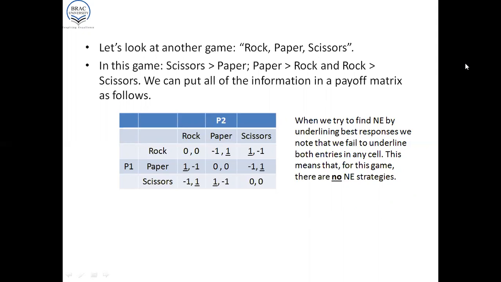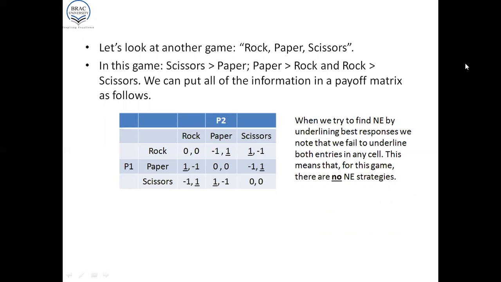We can try to find Nash equilibria by underlining best responses. When we attempt to do so, we note that we fail to underline both entries in any cell. Remember, whenever you're able to underline both of the entries in a single cell, that would represent a Nash equilibrium. In this particular case, we fail to do so.